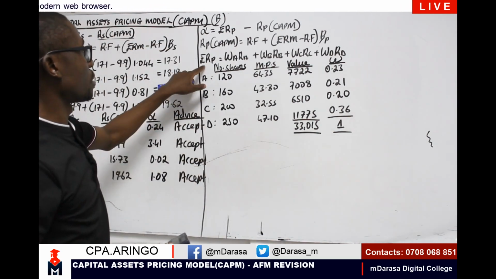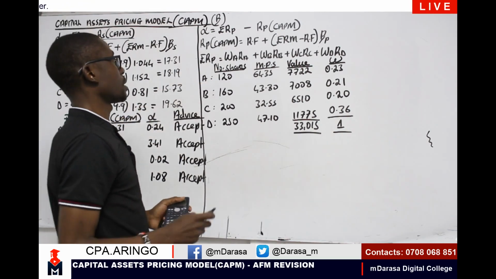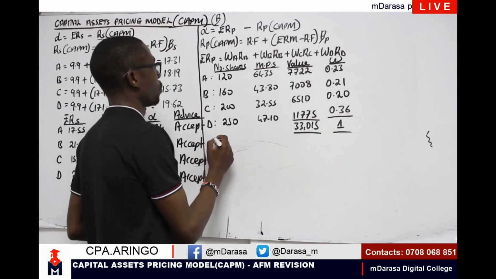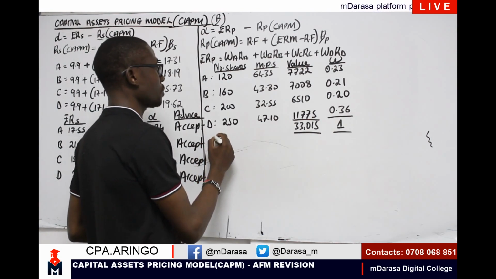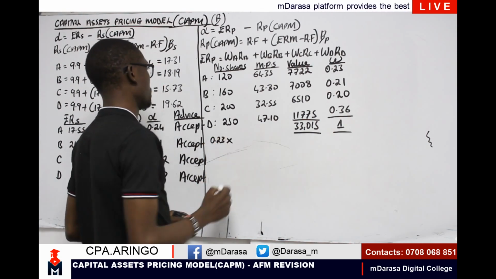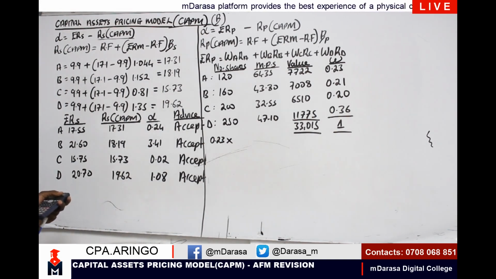We just need to determine the expected return, therefore, of our portfolio. So to determine expected return of our portfolio, I should be talking of our weight of A, which is 0.23, times the return of A. What did you have as our return of A?